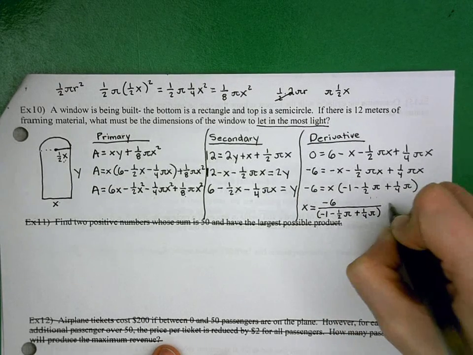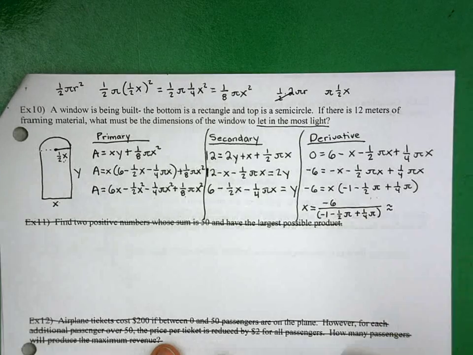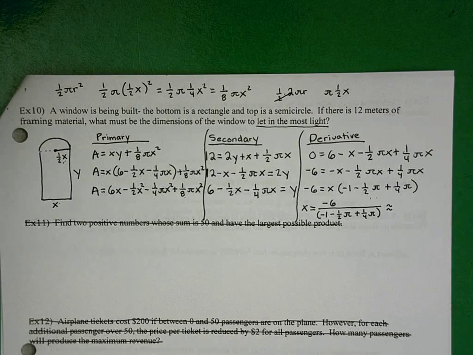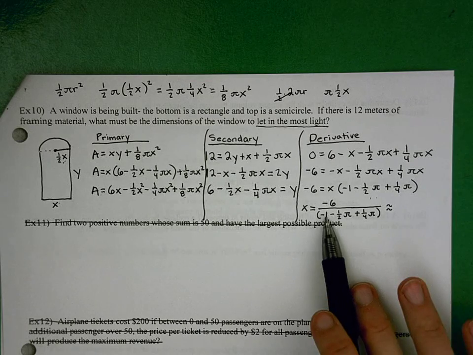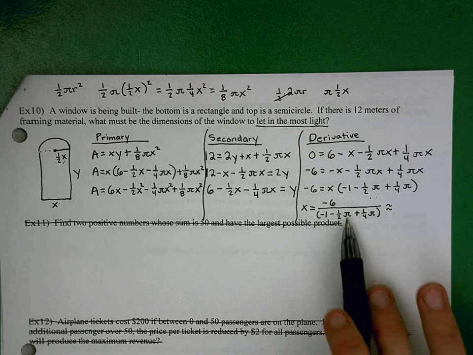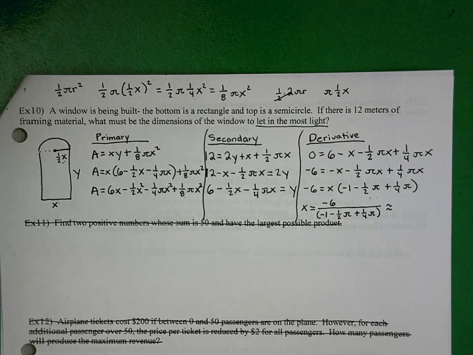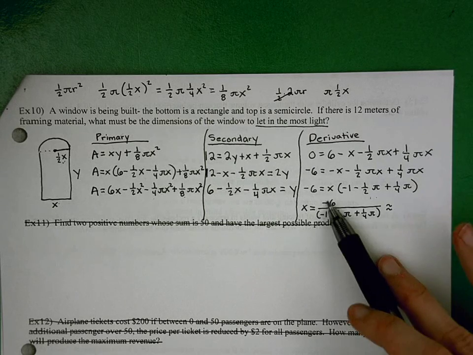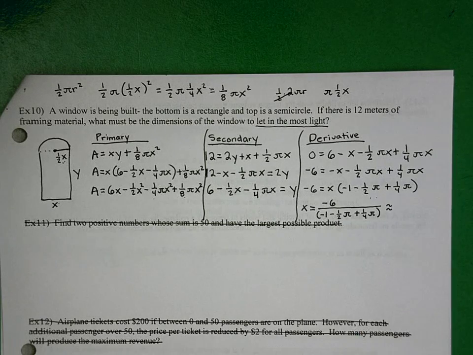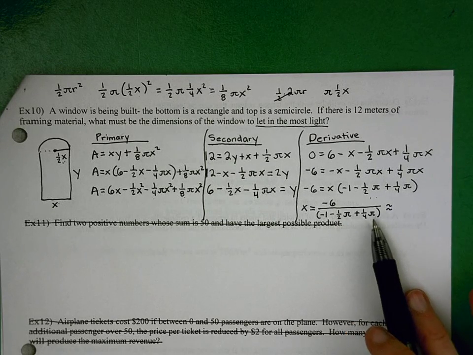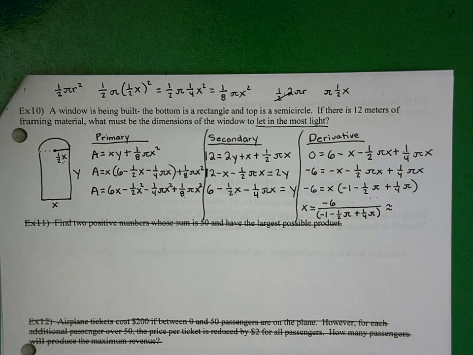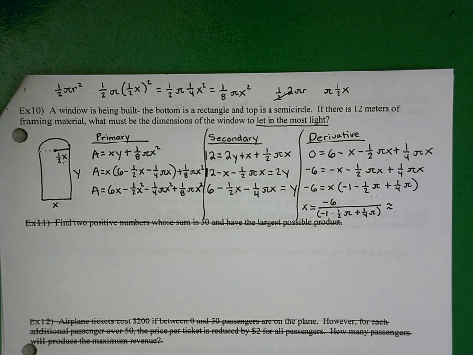Okay. And if you noticed, I left my denominator in parentheses in this particular case because I'm going to plug this into my calculator. We want the parentheses in there so that our calculator makes sure to put all three terms in the denominator. If you don't put parentheses around them, it's going to do order of operations. It'll divide the -1, but it won't put the -1/2 pi plus 1/4 pi in the denominator with it. It'll instead add these two terms off to the side of the fraction.